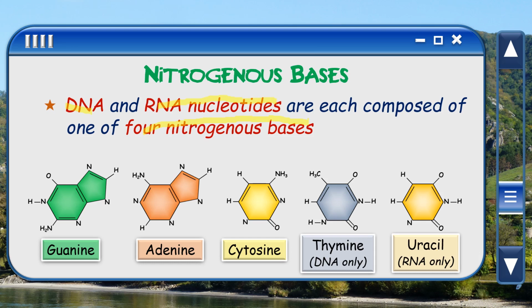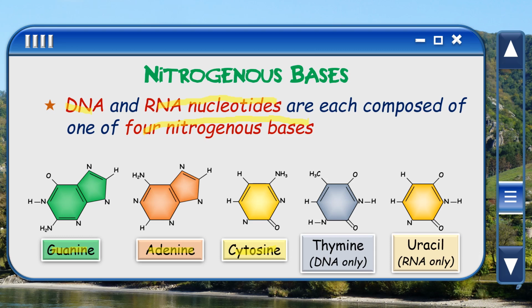We have 5 types of bases, but each nucleotide has one base. Now there is guanine, there is adenine, there is cytosine. The nucleotides of DNA and RNA can either have guanine, adenine, or cytosine.